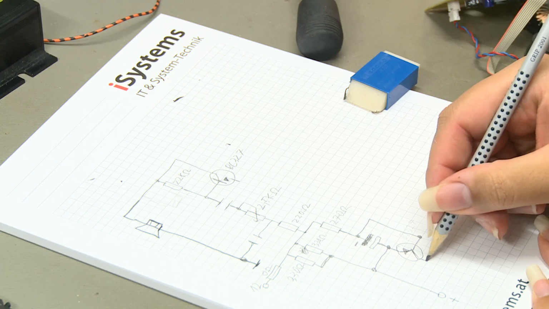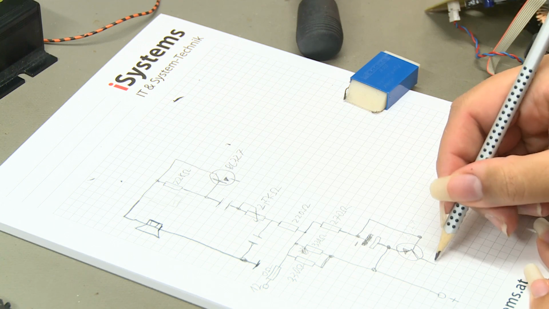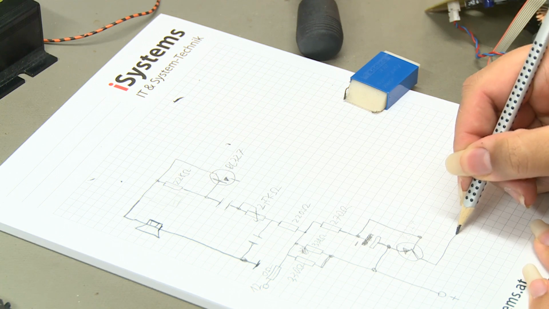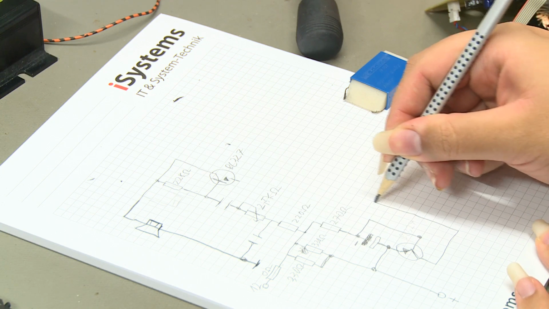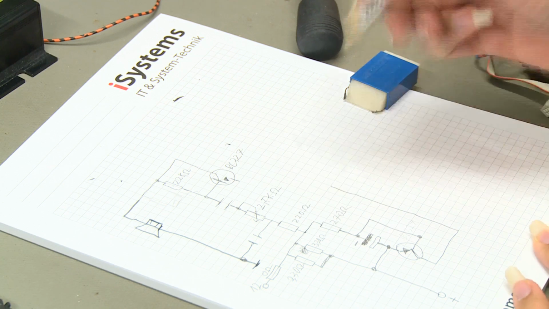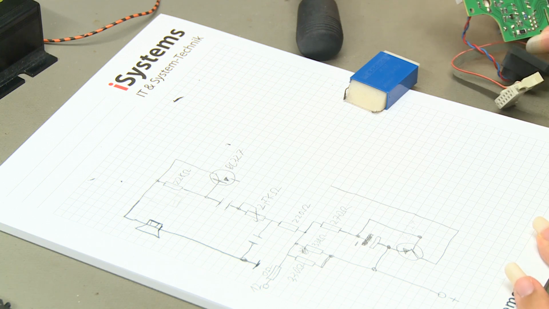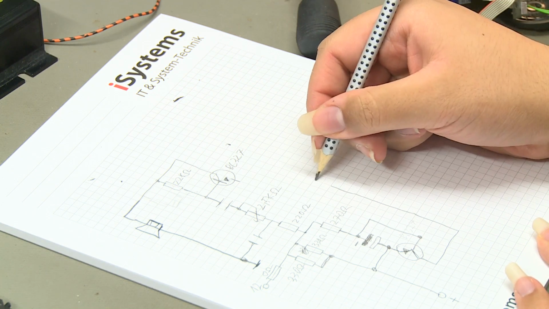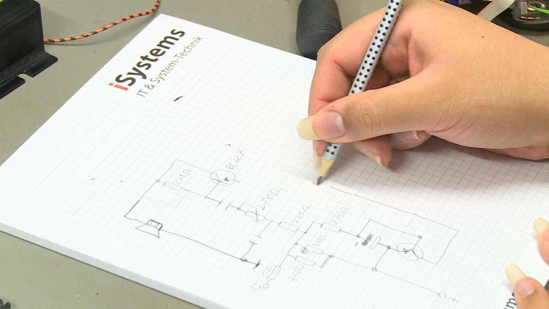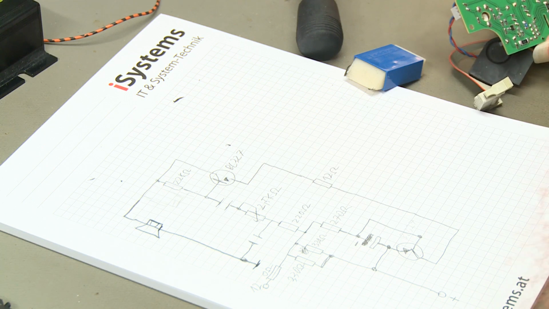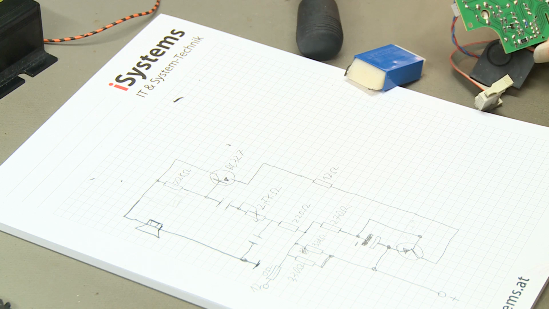So basically this wire over here goes all the way up and passes through here.